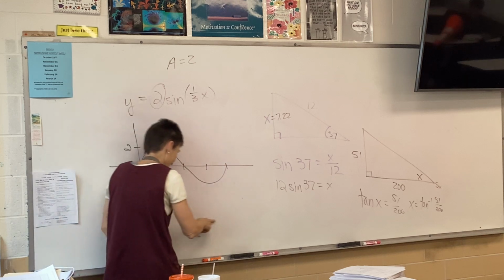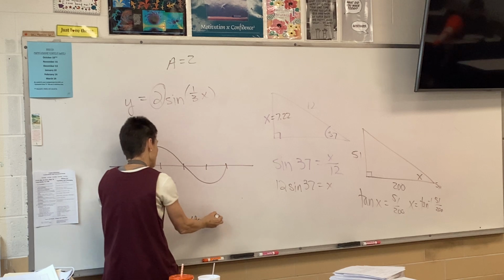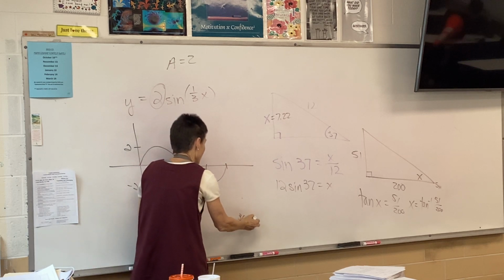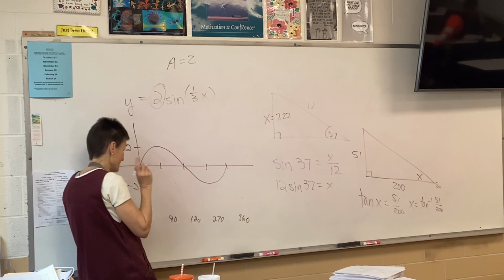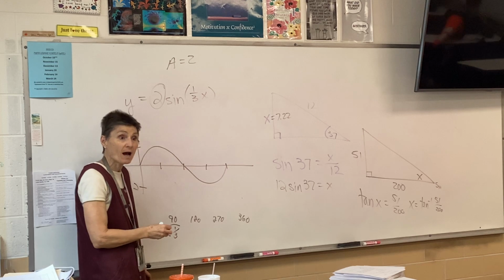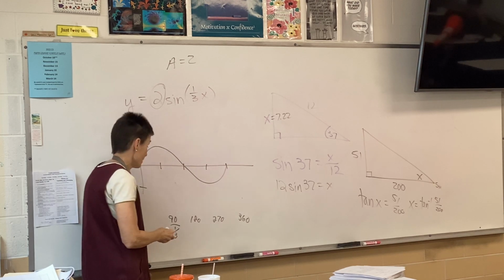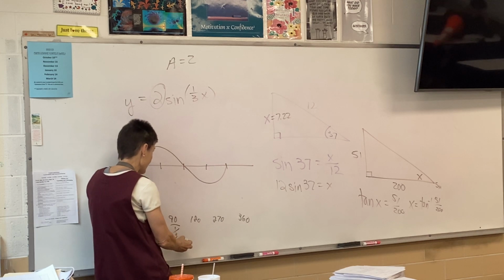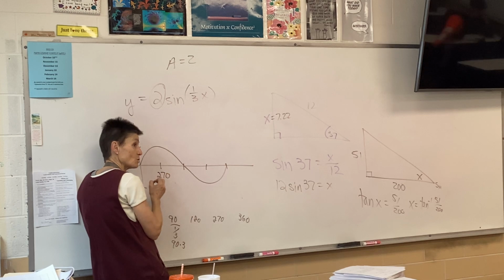What should these labels be? 90, 180, 270, 360? Well, what's happened? I've divided by a third, which is the same as timesing by 3. So this is 90 times 3. So that's going to be 270 for that first one.